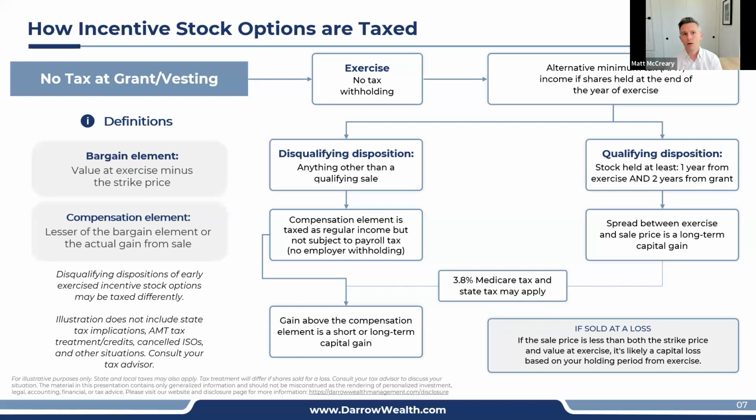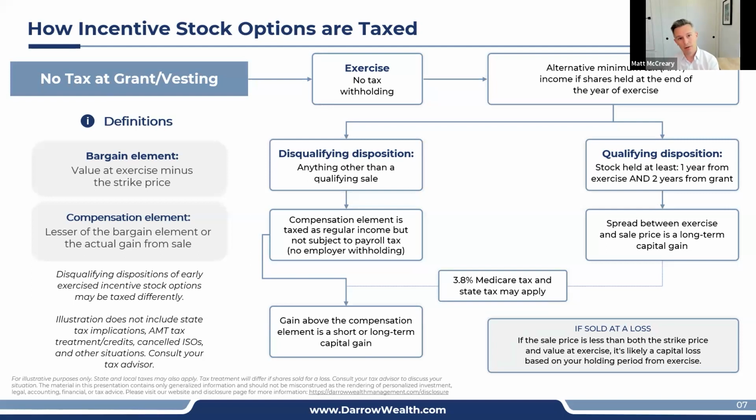Essentially, what gain did you realize when you exercised the shares? It will also take into account any actual gain that takes place after the exercise. So the compensation element is going to be the lesser of that bargain element or the actual gain from the sale. Again, you will owe taxes on this amount and it will count as ordinary income.